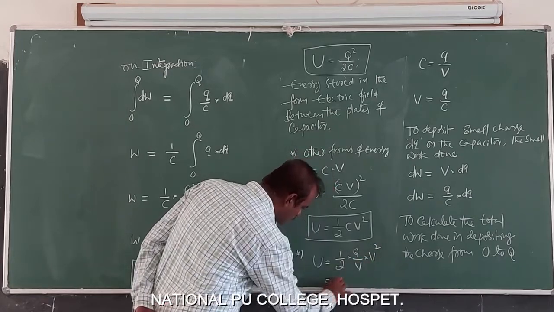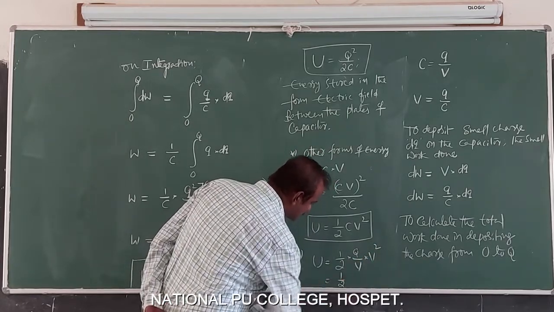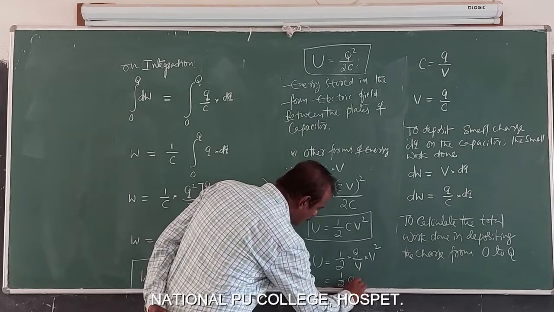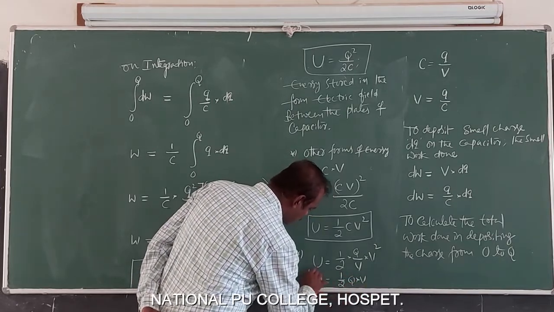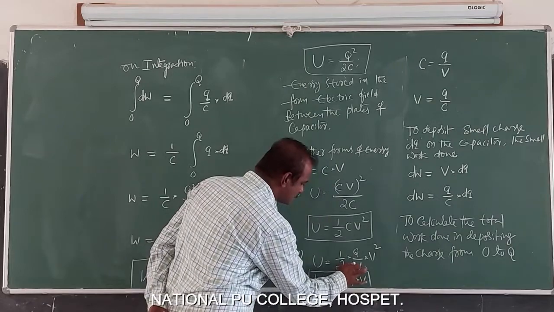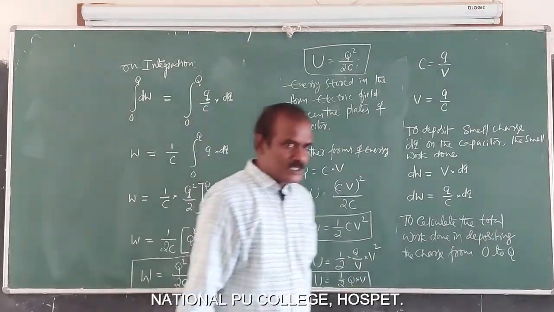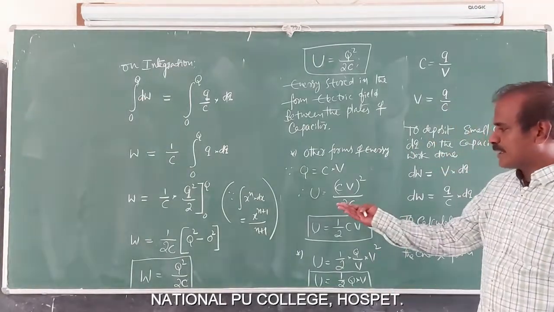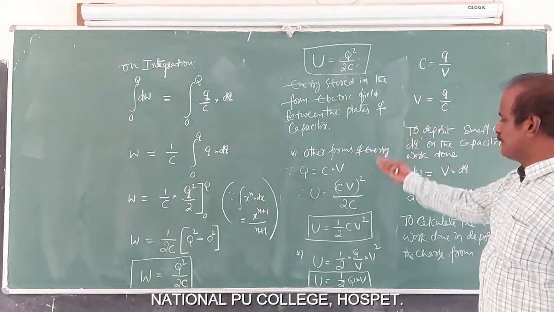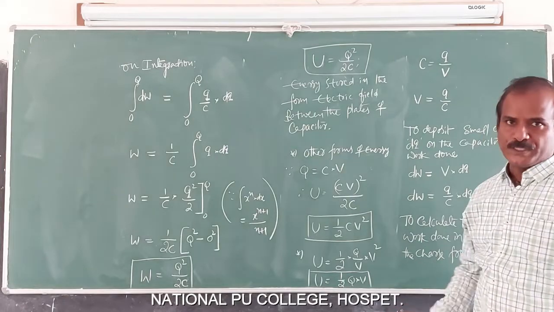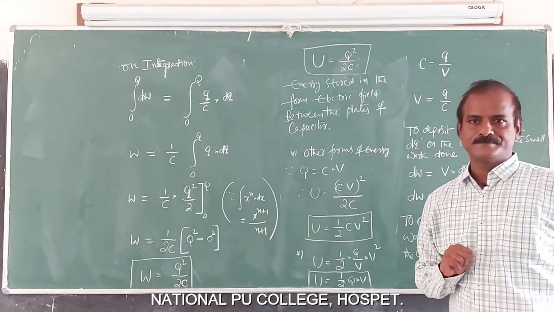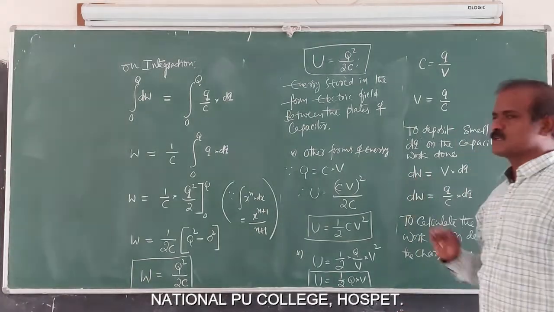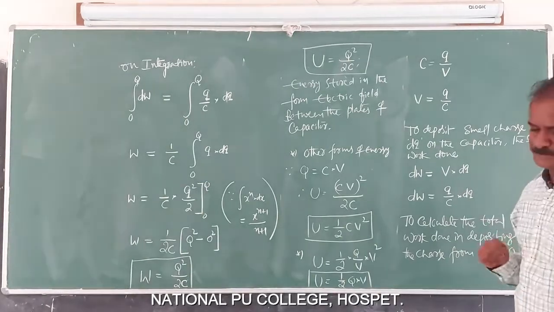You will be left with half Q into V. This is another form. Well students, remember the three forms of energy stored: Q square by 2C, half CV square, or half Q into V. These are the three forms of energy stored in the capacitor.